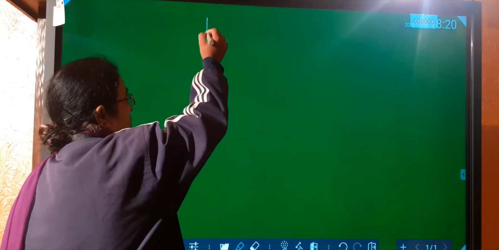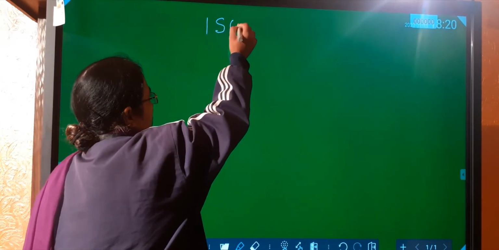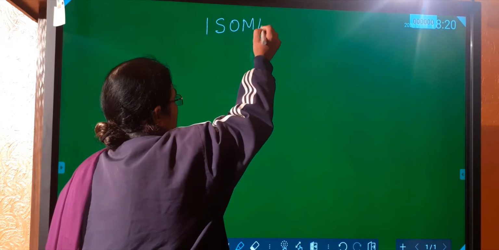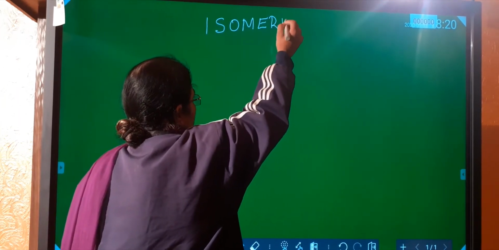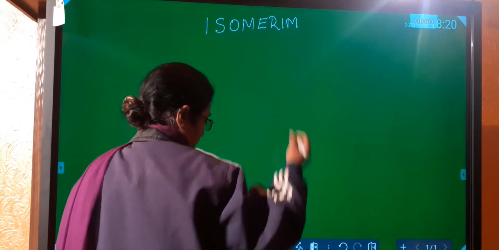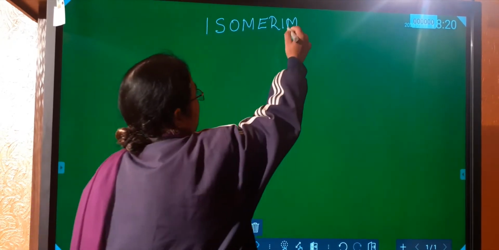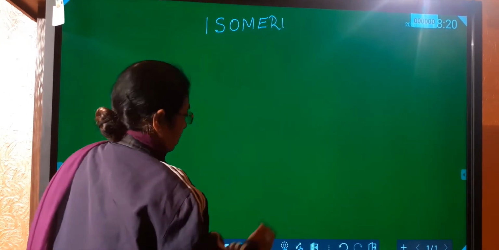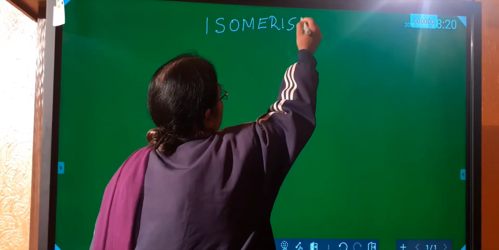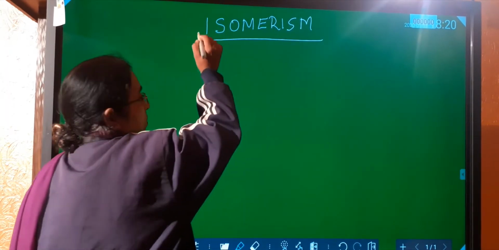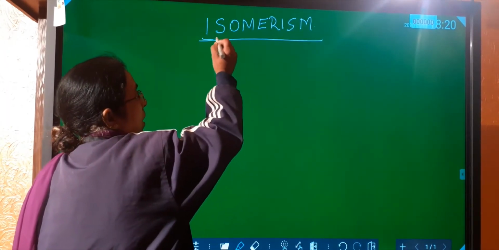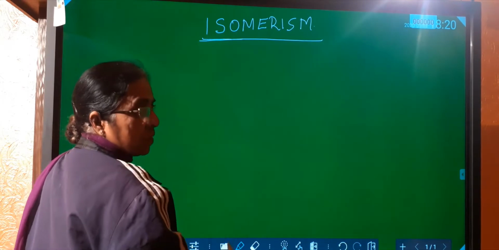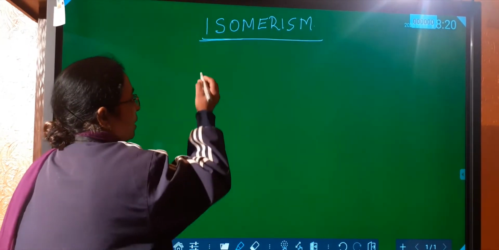Alright, now there is another term which you should know, which is known as isomerism. Iso of course means the same. Now what is the same over here?